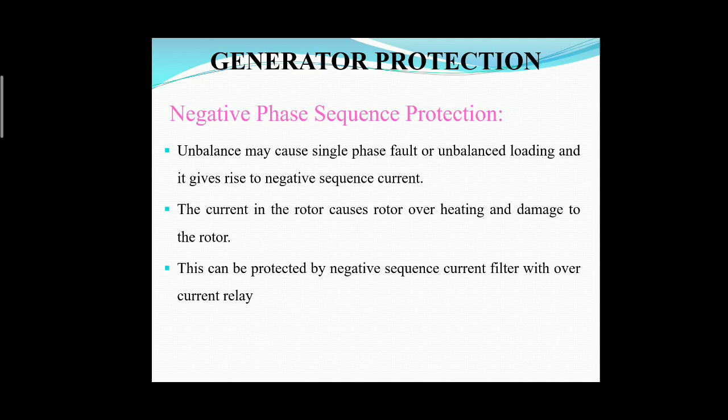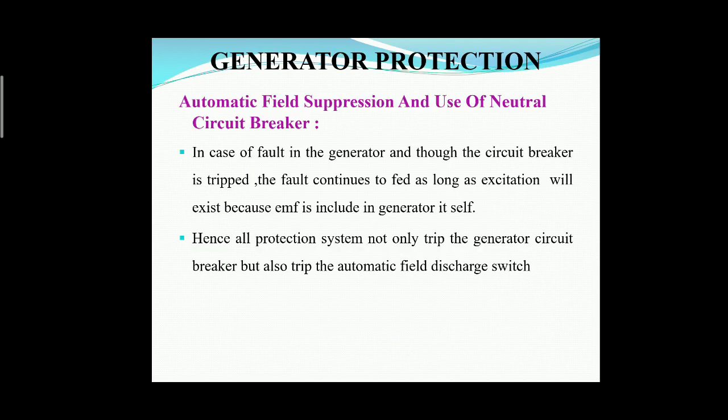Next one is the negative phase sequence protection. When negative phase sequence currents are obtained, we also use protection. The currents in the rotor cause rotor overheating and damage to the rotor circuit. This is the negative phase sequence protection and this is the diagram. Next one is the automatic field suppression and the use of a neutral circuit breaker.